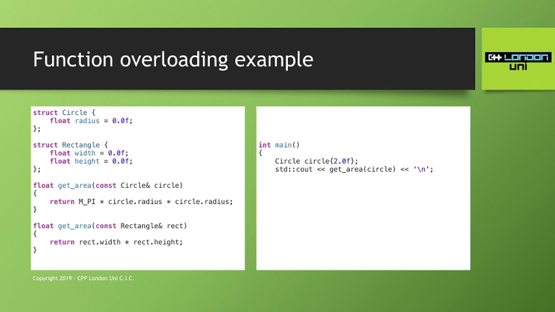Arguments, if there were multiple ones, but in this case there's only one. And it's going to say, okay, can I convert a circle into a rectangle? No, I can't. So this one's not a candidate at all. Can I match a circle against a circle? Well, actually, yes, I can. That's an exact match. That's perfect. So it's going to reject this overload, and it's going to see that this one is available, and it's going to choose this one.